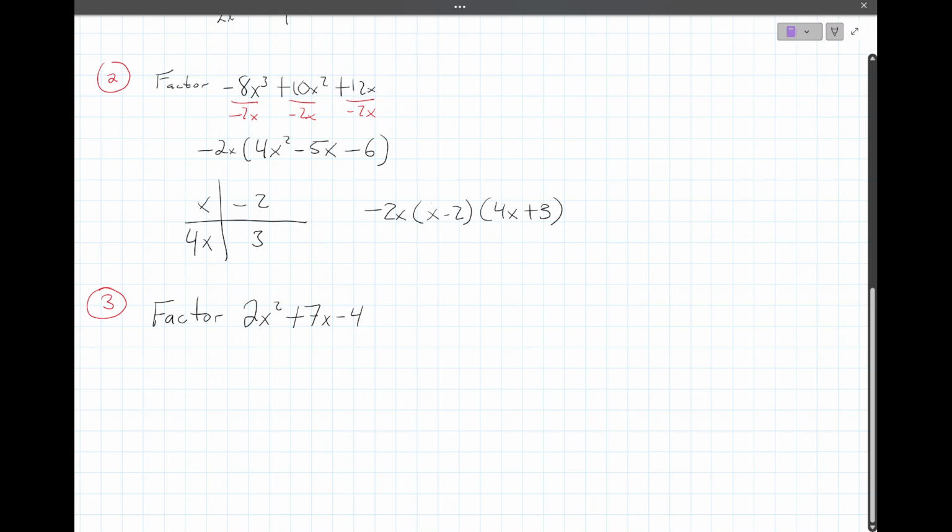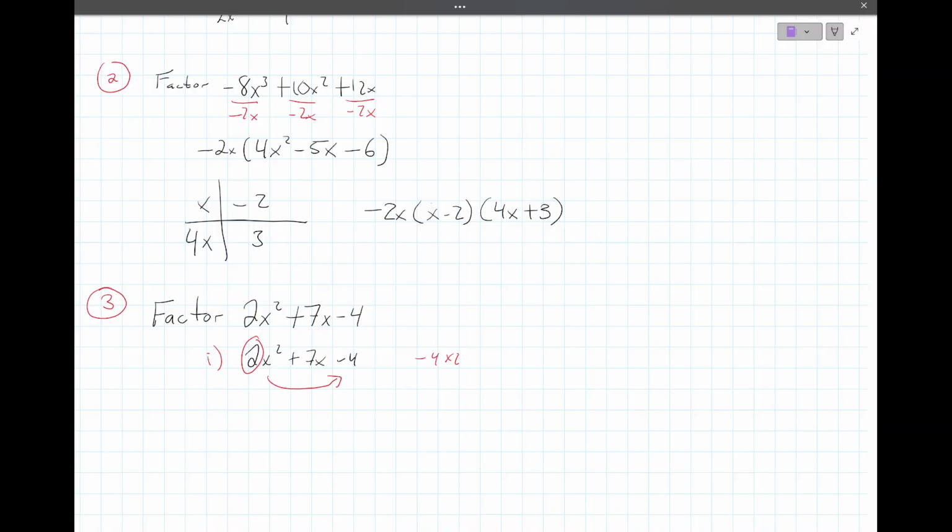Okay, so for this one, step one is I'm going to rewrite this. I'm going to do 2x squared, and we already know the answer, this same question from number 1, but I'm going to take this 2 and multiply it to the -4. So I'm going to do -4 times 2 here, and that 2 will go away.